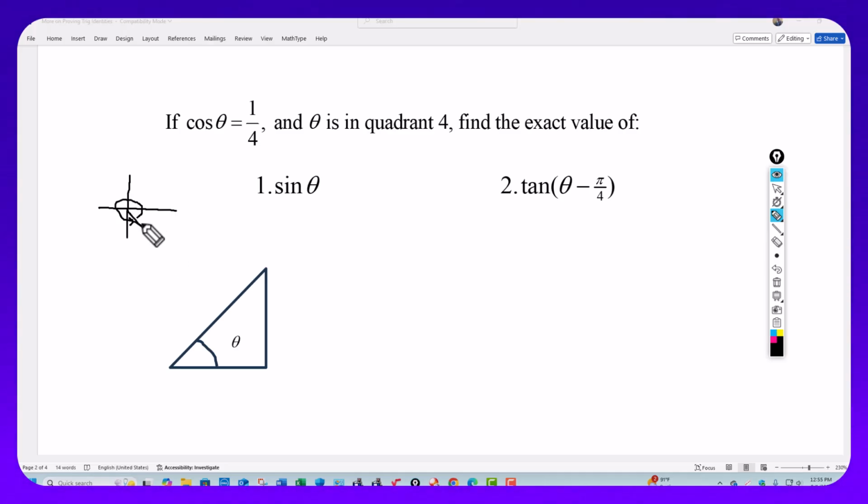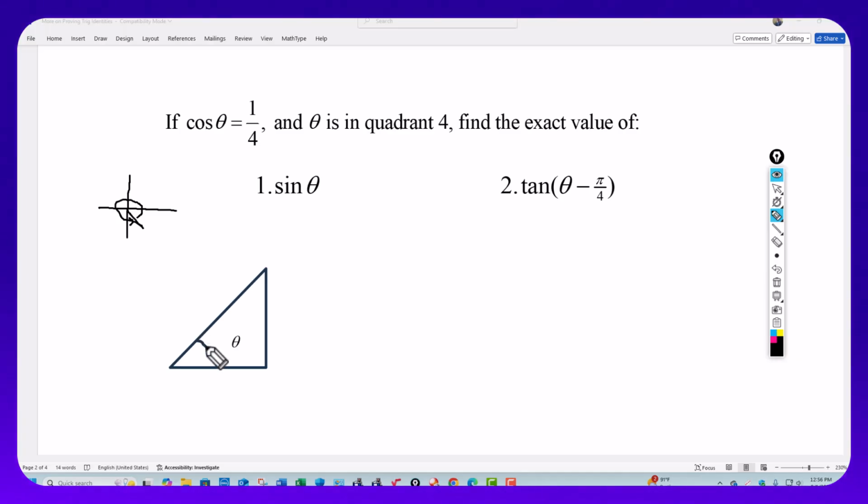And you should know that if an angle has a terminal side in the first quadrant, it doesn't matter how many revolutions it makes, as long as its terminal side is in the first quadrant, all the trig functions will be positive. Over here in the second quadrant, the sine will be positive. Over here in the third quadrant, sine will be negative. Same thing if it's in the fourth quadrant.